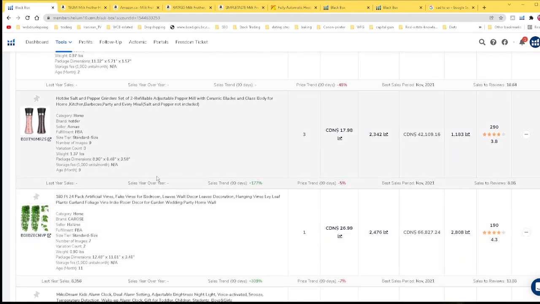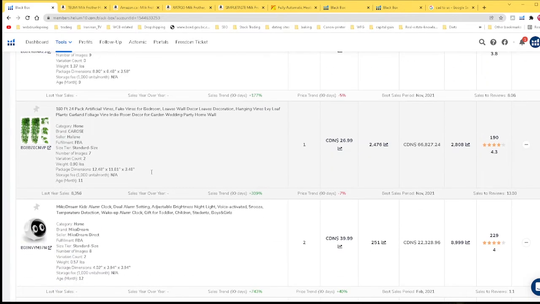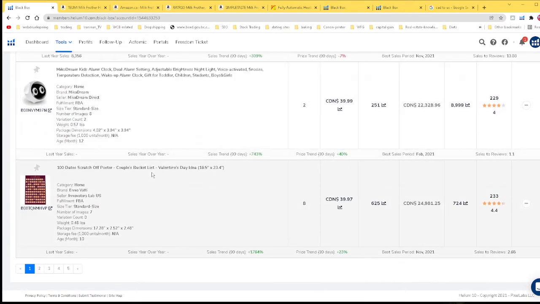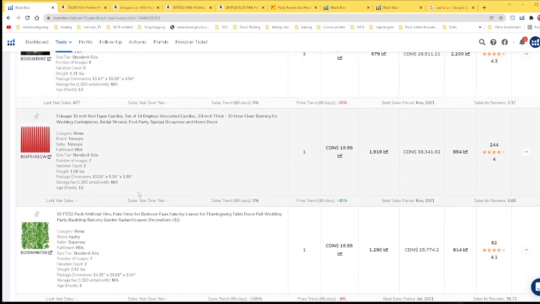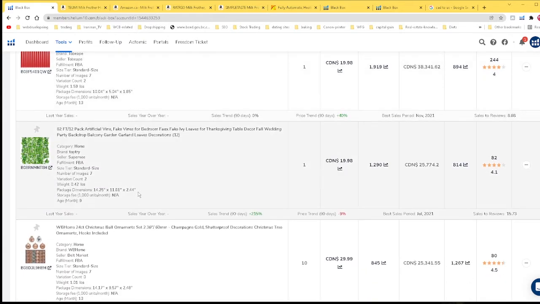I also don't really want to get electronics or electric products because of future malfunctioning and not working. Sometimes they don't work as supposed to, and now you're gonna have to deal with the returns. So let's see what else is here. $19 pack artificial wine flake.